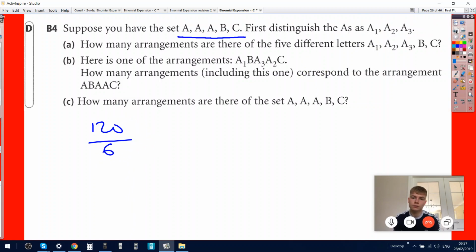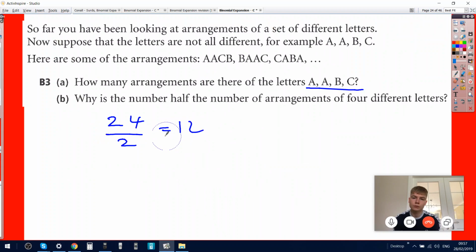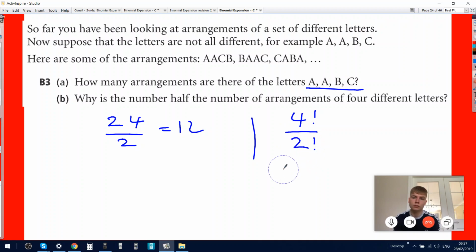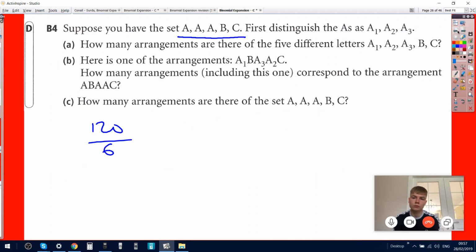And so what we did a second ago, dividing this by 2, what we actually did was 4 factorial over 2 factorial. It's just that 2 factorial is the same as 2. For this one, there's 3 different A's, and so there's a total of 6 different ways of arranging them.